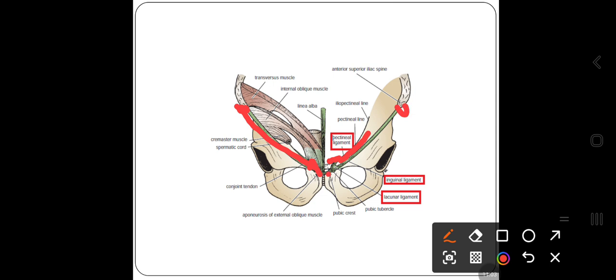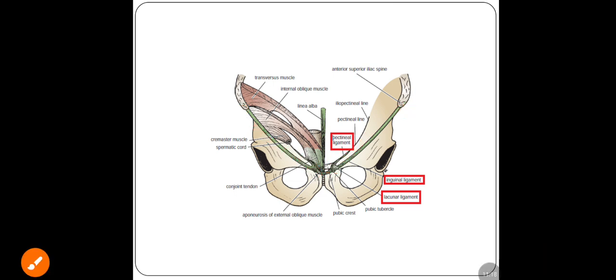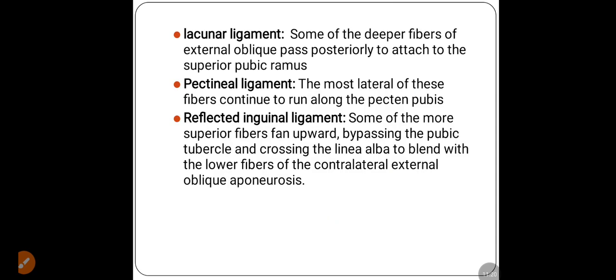The fibers here extend backward toward the superior pubic ramus to form lacunar ligaments and continue to extend along the pectineal line to form pectineal ligaments. Okay? Now you can differentiate between inguinal ligament, lacunar ligament, and pectineal ligaments. Okay?